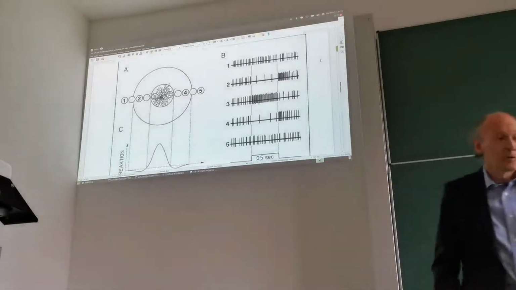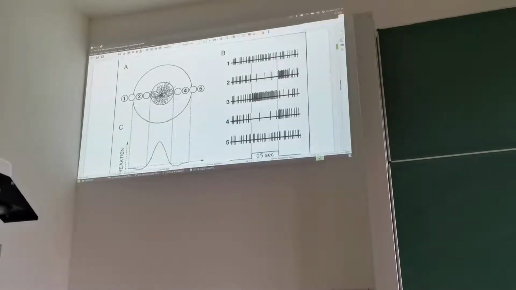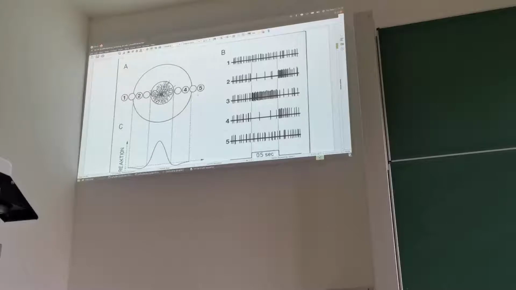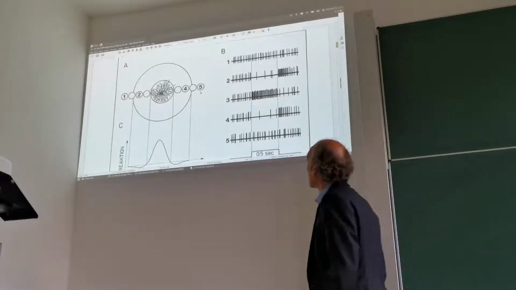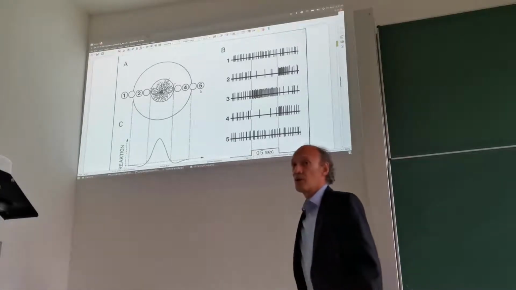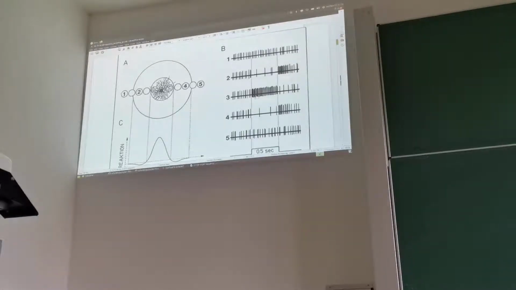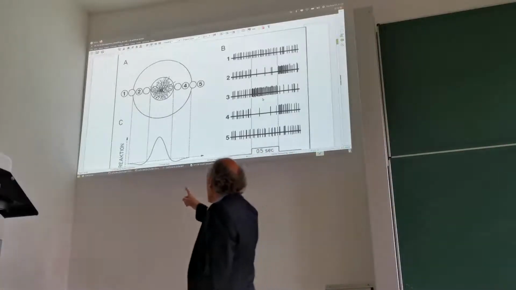The numbers here correspond to the different locations of light-sensitive cells. And in the middle, you have number 3. You can see in number 3, when the light is turned on, it has a strong reaction. And that's because it's connected with a high weight.